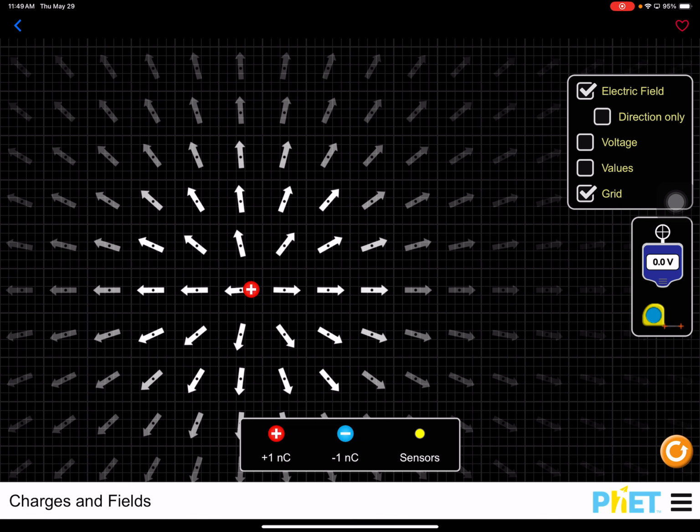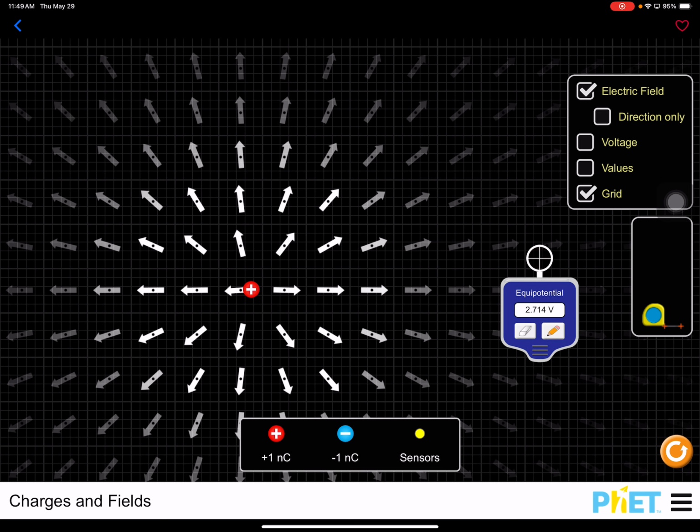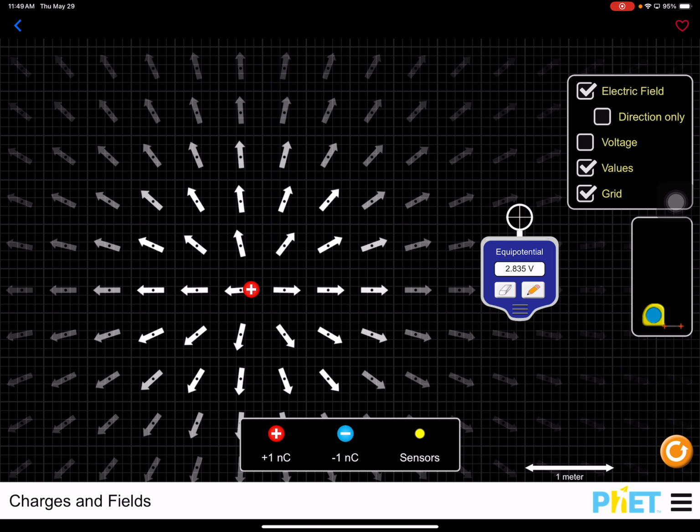What this is showing you is the electric potential. So you can draw a Gaussian surface, calculate the flux on that surface, and that'll equal the charge inside.